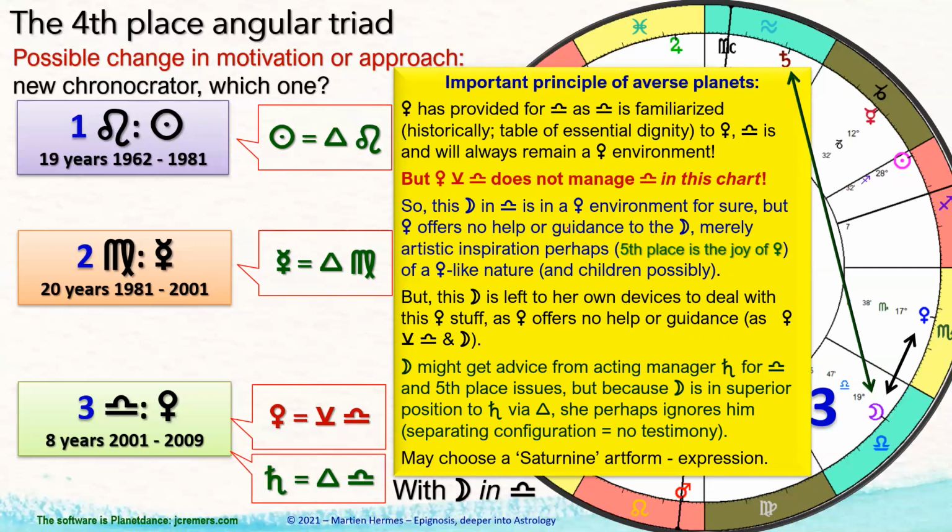So that's the difference between when a planet is averse to its image, can see its image or cannot see its image. And in this case, Venus cannot see its own image, so it has nothing to say about the fifth place, even though the fifth place still has some Venusian characteristics, simply because it's Libra, the planet allotted the fifth place as its due.